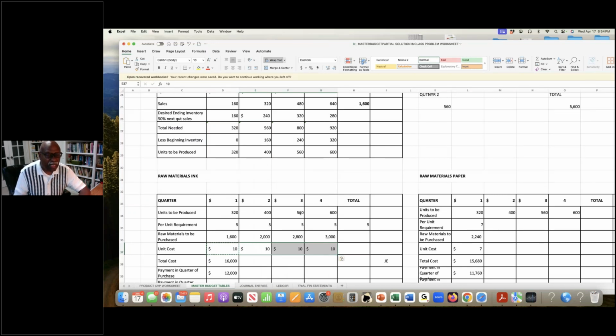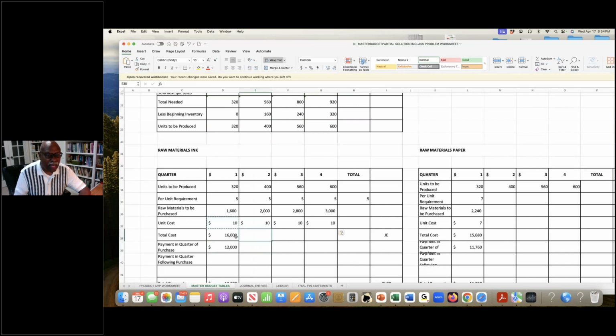So the total cost was 16,000. Then here it's going to be 20,000. Here is going to be 28,000. And here's going to be 30,000.